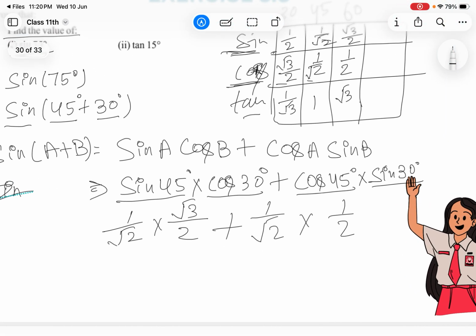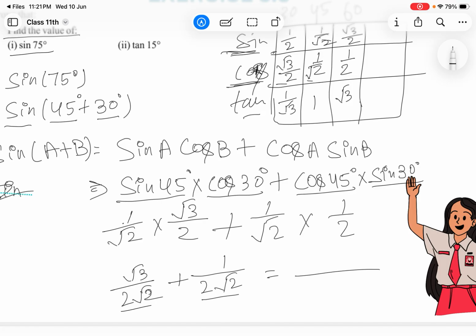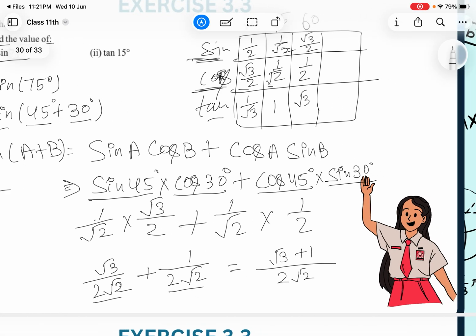Right? So 1 into root 3 equals root 3 by 2 root 2, plus 1 by 2 root 2. Now when we take the LCM, we will get root 3 plus 1 by 2 root 2.